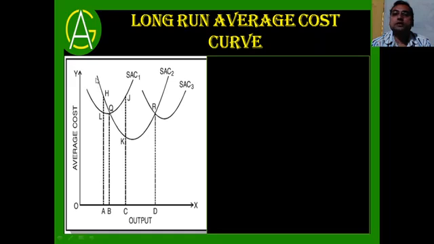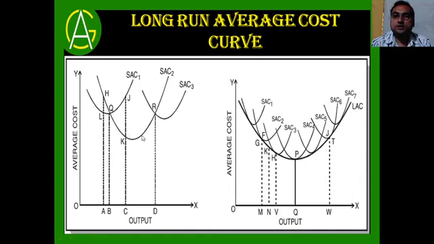Do remember that short run average cost curves are known as plant curves. Now from these short run costs, we have prepared this long run average cost curve. Friends, you know that long run is the total of short run, because long run becomes with the addition of short runs. If you say that 1 year is long run, that is again the total of 12 short runs.